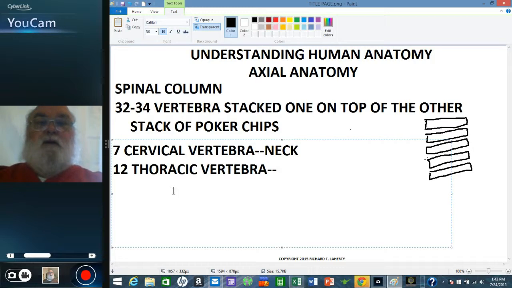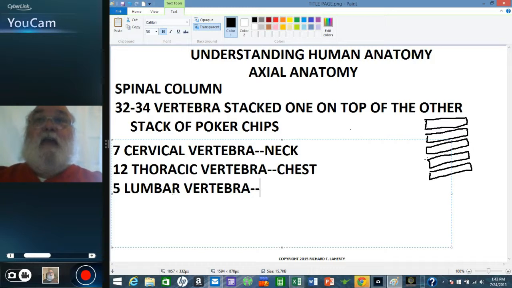These are in the region of the chest. Then 5 lumbar vertebrae. These are in the region of the abdomen. Also, you could call it the lower back.